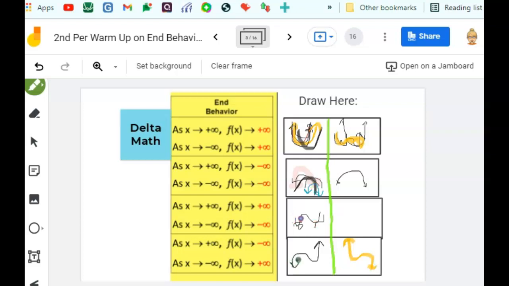Which one is right? We won't talk about whose is whose, but let's see. On the last one, it says on the right, it goes what? Right here. On the right, it goes down. And on the left, it goes up. So which one is correct? The black one or the yellow one there?